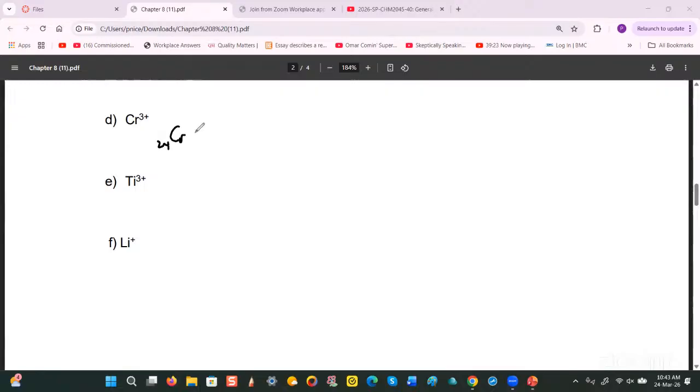All right. So the full electronic configuration of chromium is 1s2, 2s2, 2p6, 3s2, 3p6, 4s2, that's 20, and then 3d4.